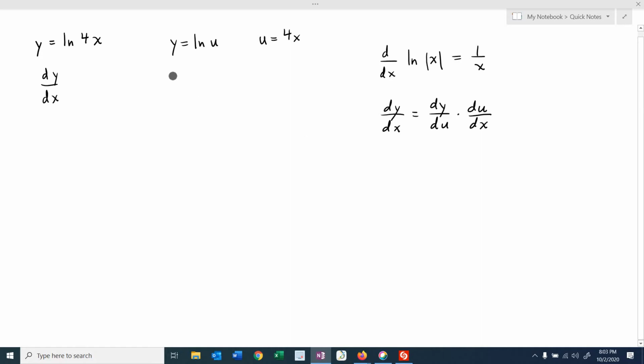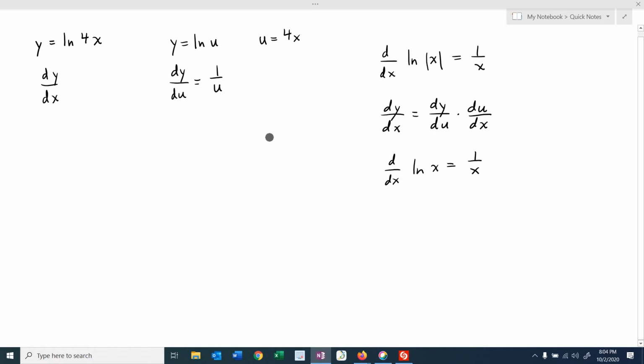Okay, so let's find dy du. Now the derivative of y with respect to u is simply 1 over u. And that's coming from Theorem 3.15, because the derivative of ln of x is 1 over x.